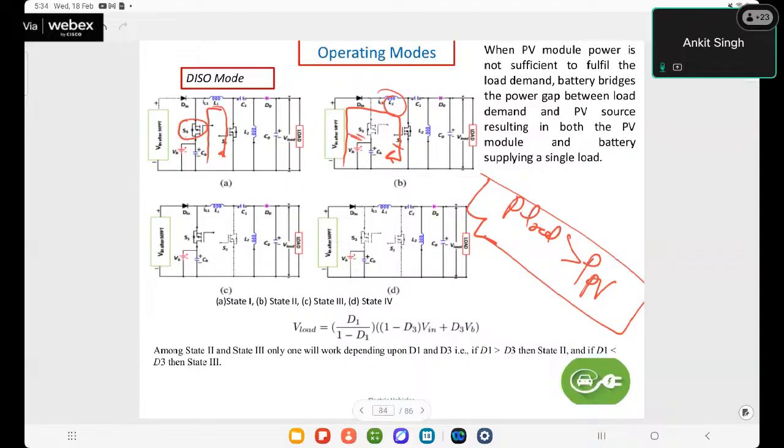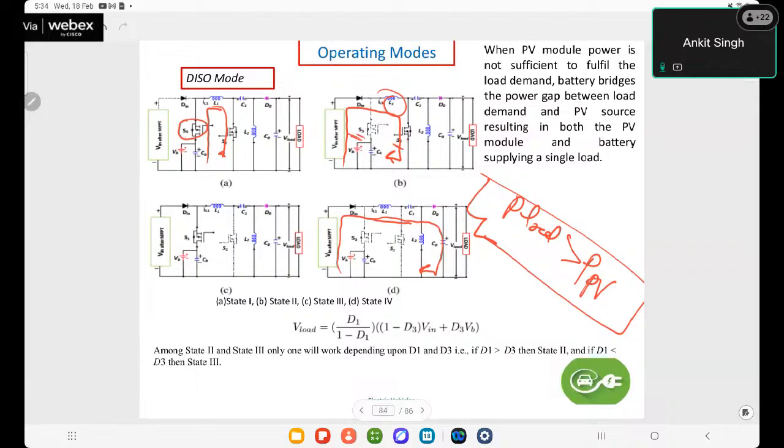And single output means if switch S1 is off, the situation will come that it will operate as a non-isolated converter.